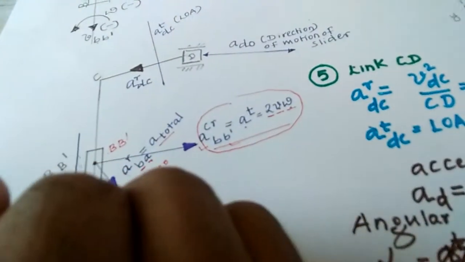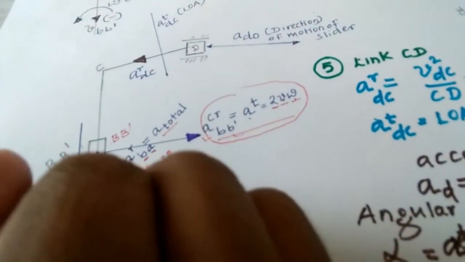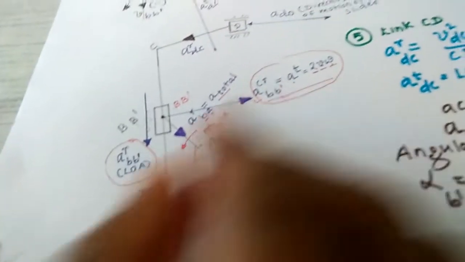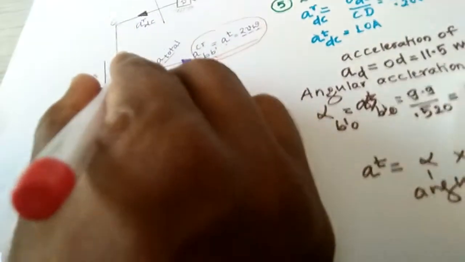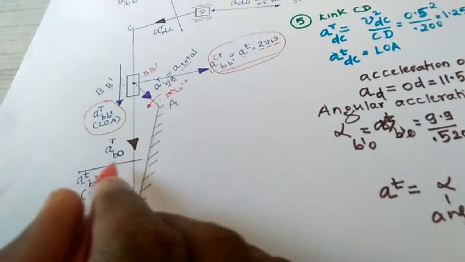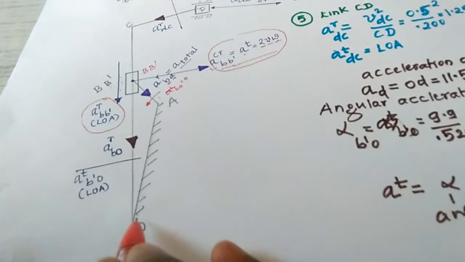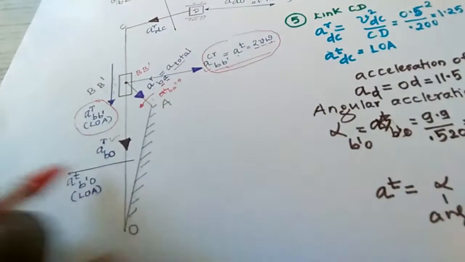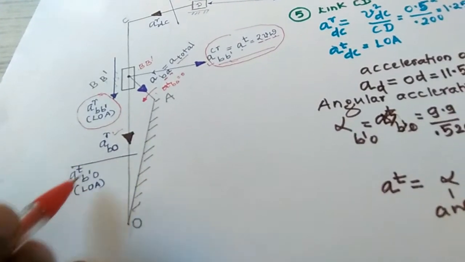This and this both relate to the Coriolis component; take the resultant of these two. Then come to the link OB dash. Here also you will find two components. One is radial, radial with respect to the fixed point. I have drawn the radial here, B dash O.